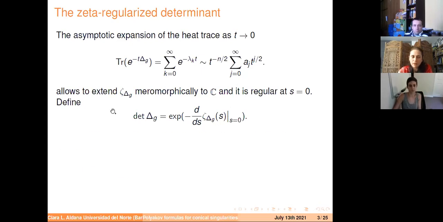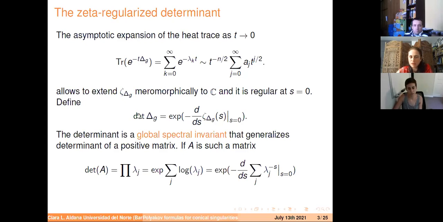This gives us a number that is a global spectral invariant, and this number generalizes the determinant of a positive matrix. If we start with the product of the eigenvalues, and take the exponential of the sum of the logarithms, we can see that this equation follows. Formally, this is just a way to regularize the infinite product that we would obtain for the eigenvalues.